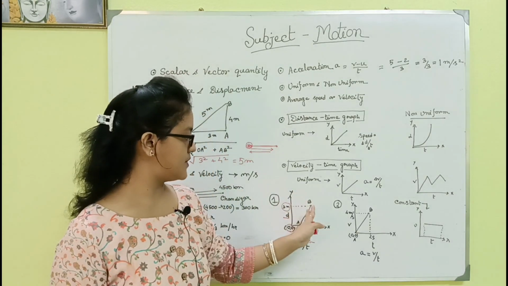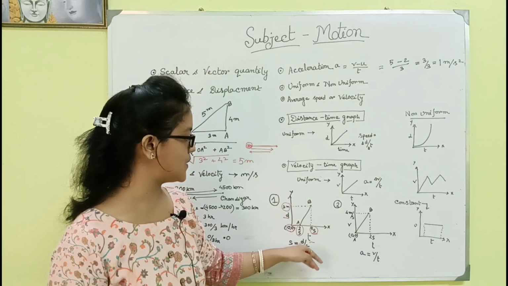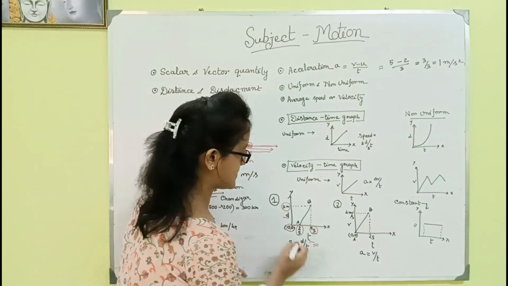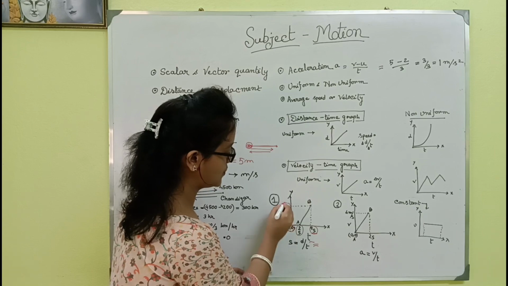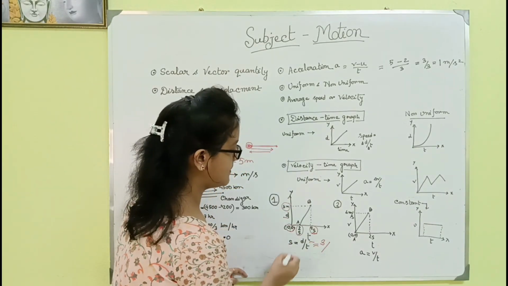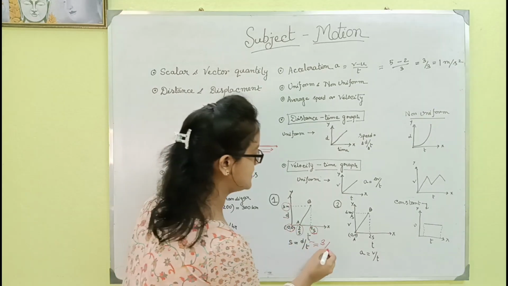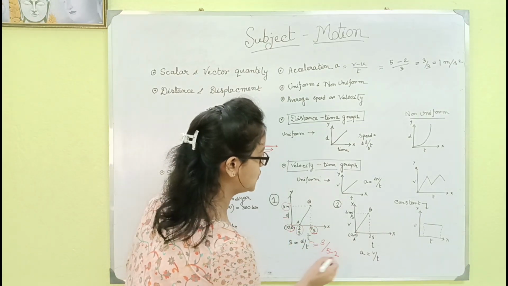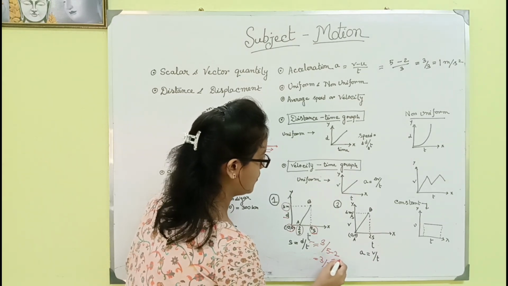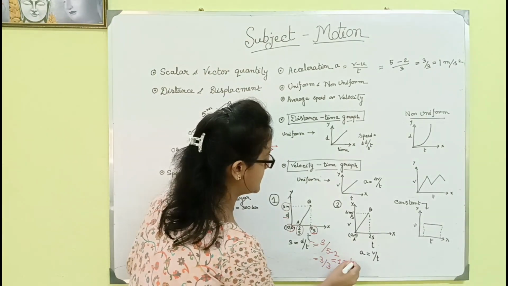By this graphical representation, speed is actually distance by time. Now the distance, what is the distance? 0 to 3, the distance is 3. And time is 2 seconds to 5 seconds, 5 minus 2 means 3, so 3 by 3, 1 meter per second.